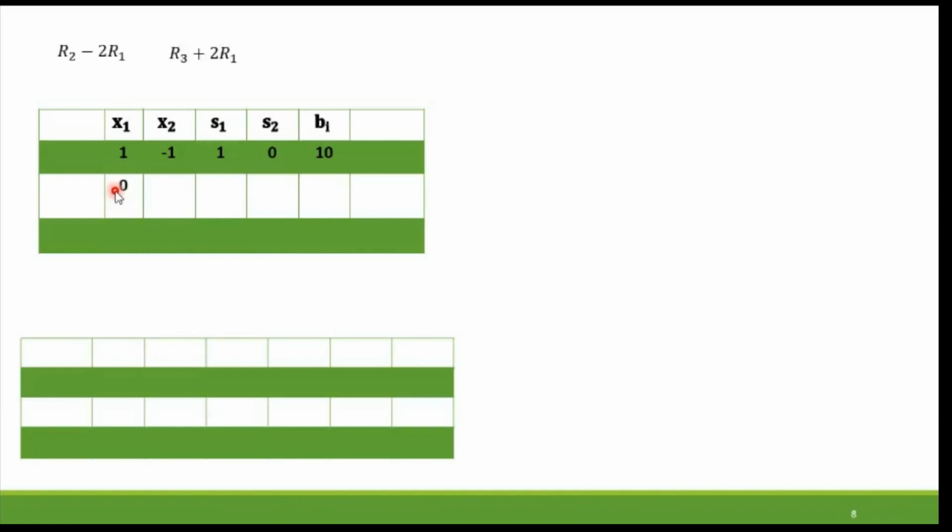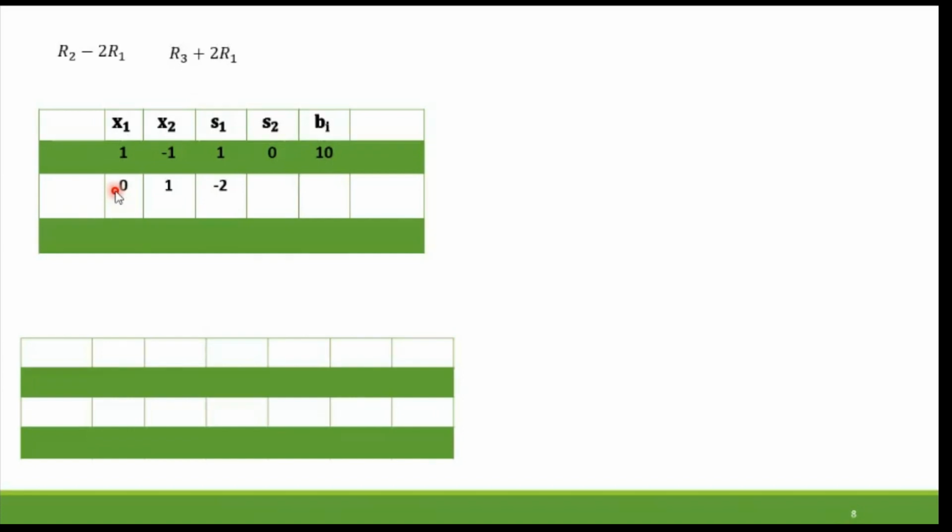R2 minus 2R1 अगर हमने second column के लिए किया तो what is the second element? 1 आ रहा है. It is 1. Third में क्या आ रहा है? -2. Okay, -2. ठीक है, मेरा भी वेरीफाई हो जा रहा है.